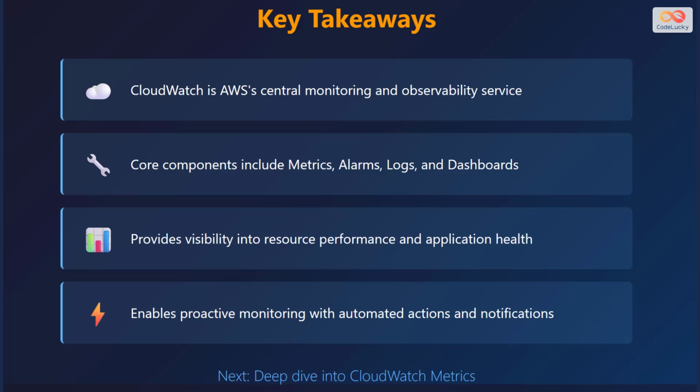CloudWatch provides complete visibility into resource performance and application health, helping you understand and optimize your systems. Most importantly, it enables proactive monitoring with automated actions and notifications, allowing you to respond to issues quickly or even prevent them entirely. In our next session, we'll take a deep dive into CloudWatch metrics, exploring advanced features and best practices for metric-based monitoring.